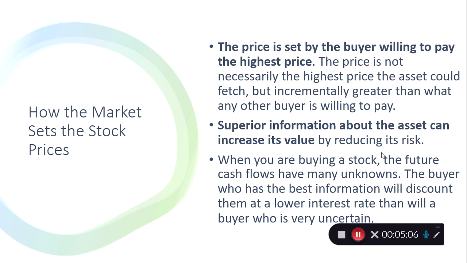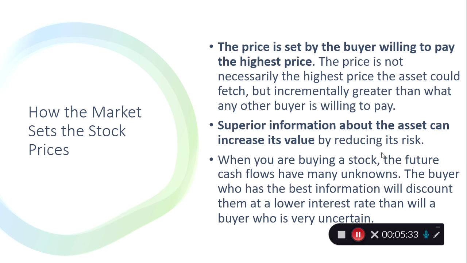Now we know the theory behind the price of the stock calculation, or the model that tries to explain how they come up with the price of the stock, right? Now we are going to put that into the market and see how the market sets the stock price.